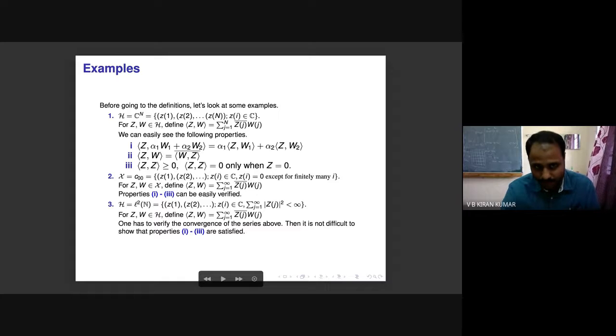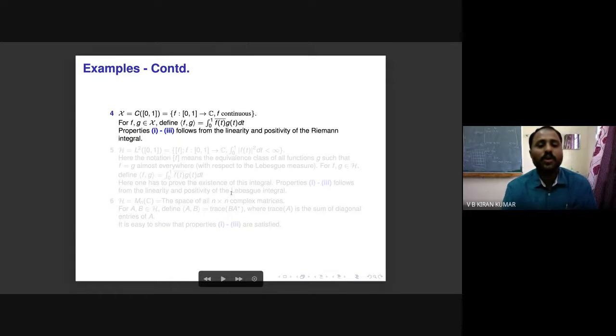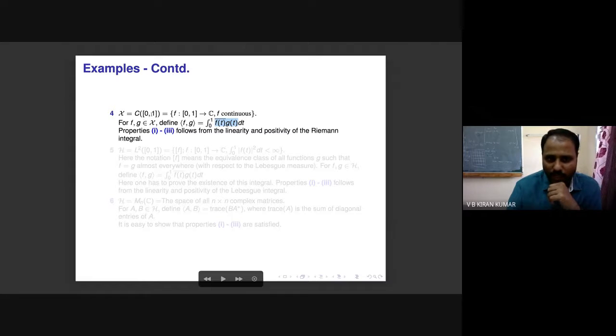Okay. Now we consider X equals C[0,1]. This is another example which we considered in the last days: all real or complex valued continuous functions defined on the closed bounded interval [0,1]. Here we use Riemann integration. Since f and g are continuous functions, f bar into g is also continuous, hence its Riemann integral makes sense.